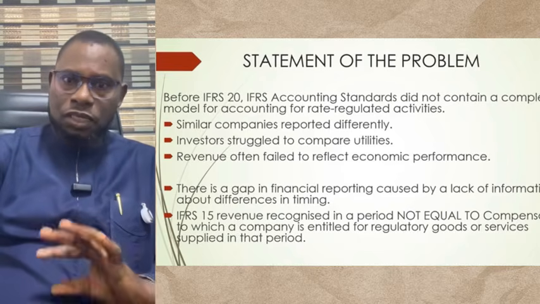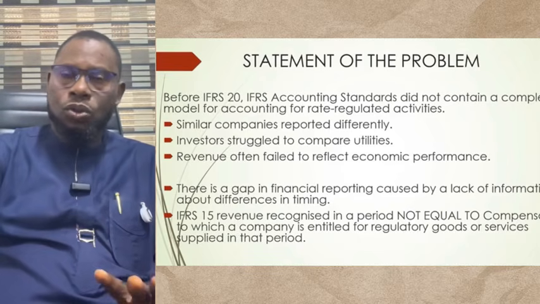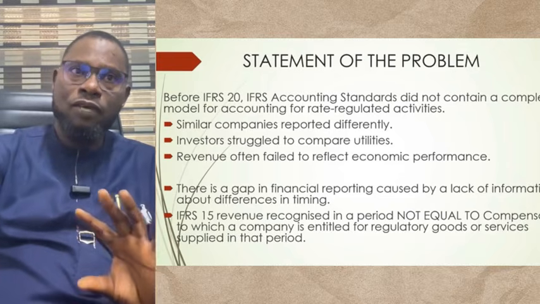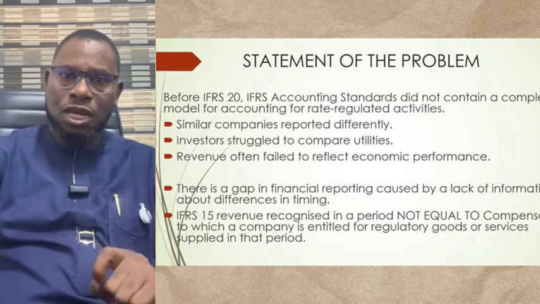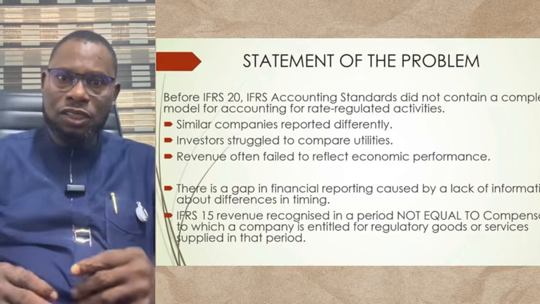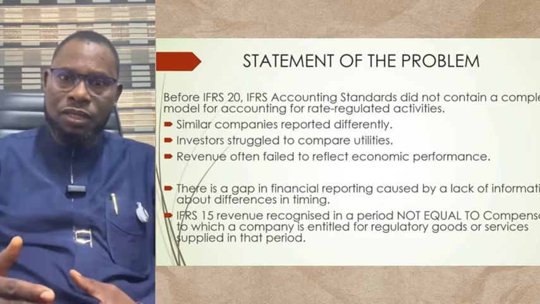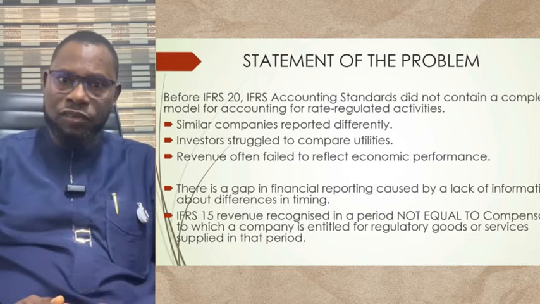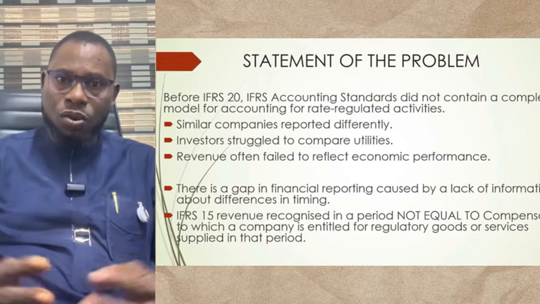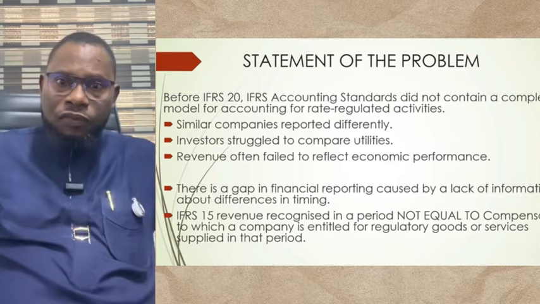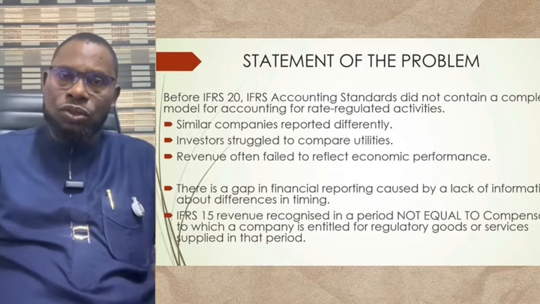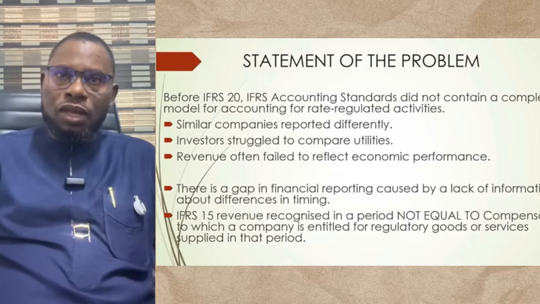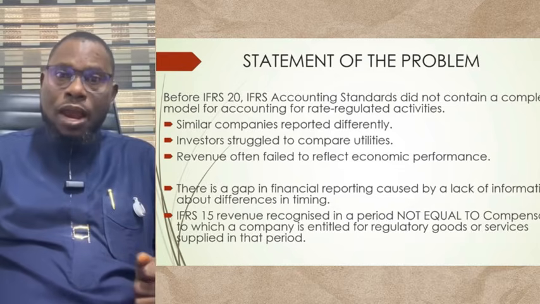Similar companies reported differently. Investors struggled to compare utilities, and then revenue often failed to reflect economic performance. Now, economic performance is reported by the statement of profit or loss and other comprehensive income. So, because there was no single model, different companies, when you compared them, you couldn't get it. So it was not easy for the economic performance to be well reflected.